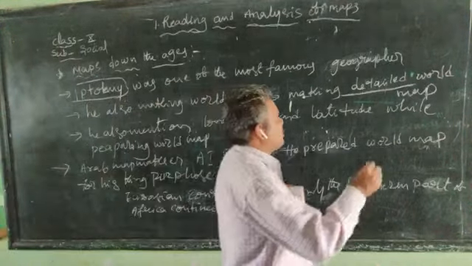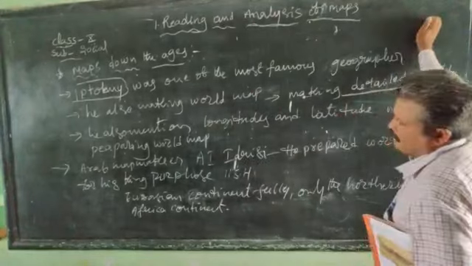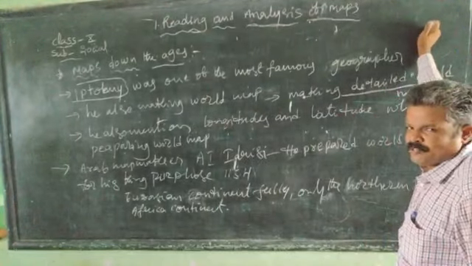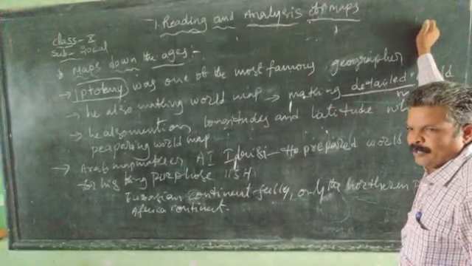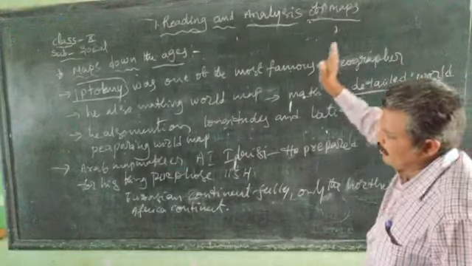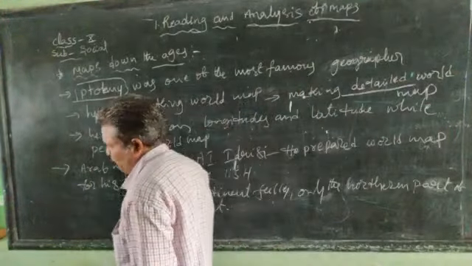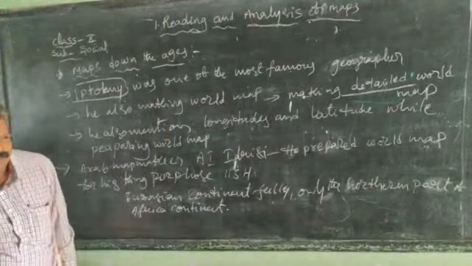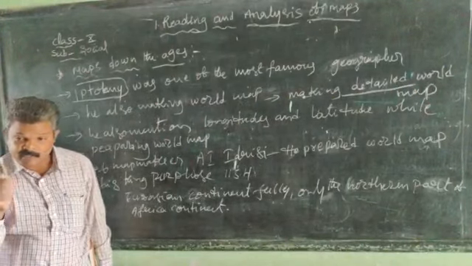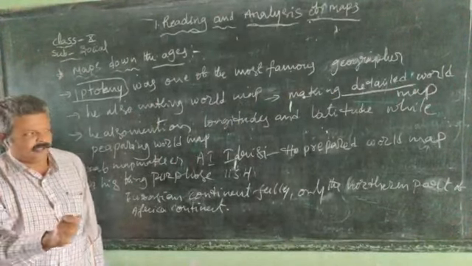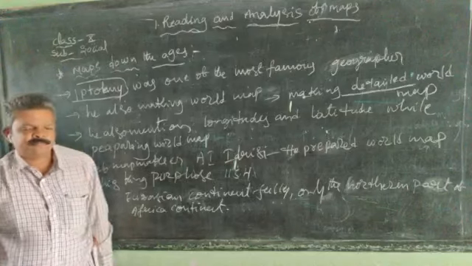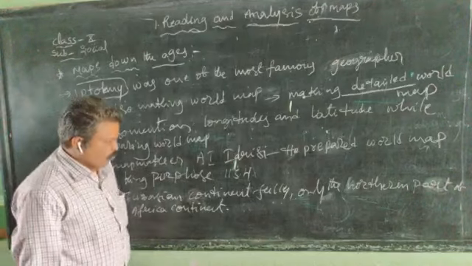Just as previous people who made world maps mentioned their own country in the middle of the map, he also prepared a world map with Arabia exactly in the middle of the whole map. And also one more thing.